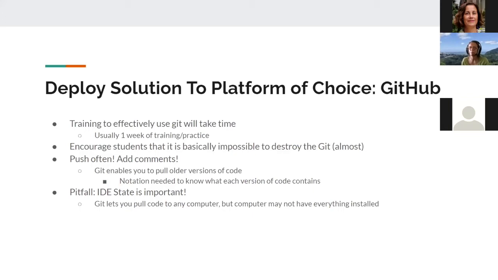Now, the problem here is that if a student the next day comes back to work on their project and they pull their file from the GitHub, right? If they're on a different computer than they were yesterday, that doesn't necessarily mean that that expanded functionality, that library they downloaded and installed on their IDE, is on the computer they're working on today. So what will happen is that your student will run your code.